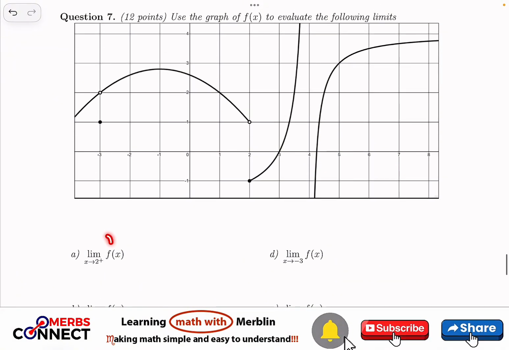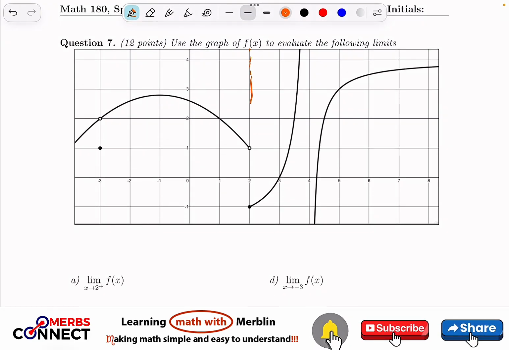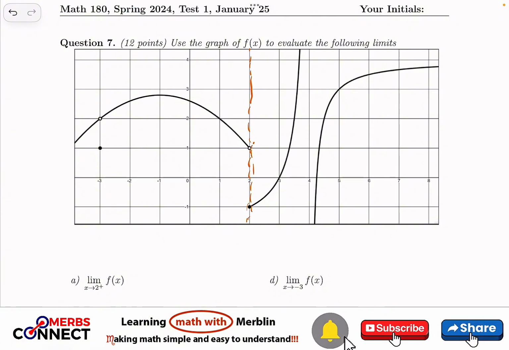So f of 2 plus the 2 from the positive side. So where is 2? Okay, 2 is somewhere here. As soon as I draw this line here, this becomes the positive, this becomes the negative.